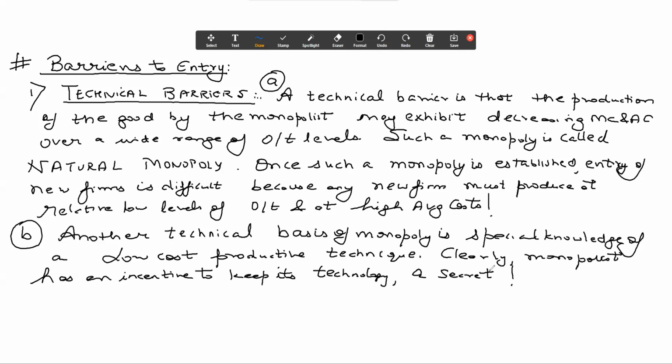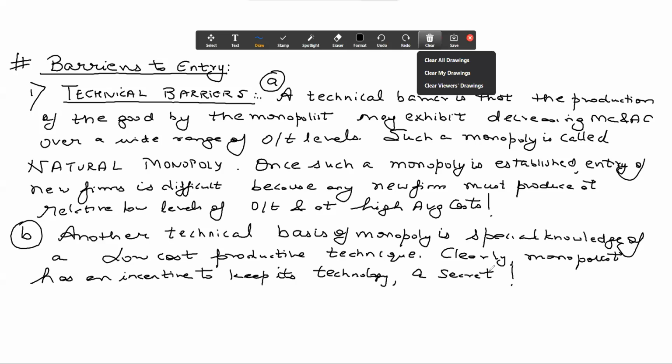The second reason for technical barrier to exist is because a monopoly will always possess some low cost productive technique which no other firm in the industry has. The monopolist will obviously get it patented, or obtain the trademark or the copyright for it, which makes it the monopoly in the first place.